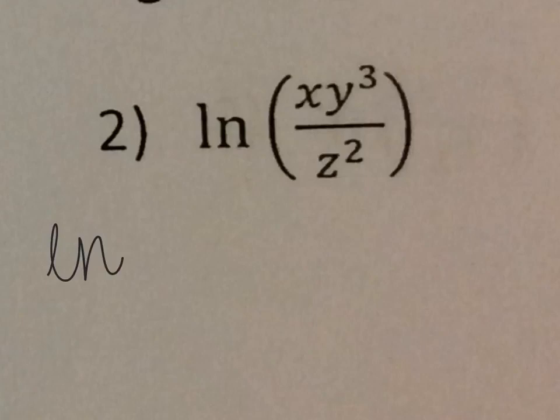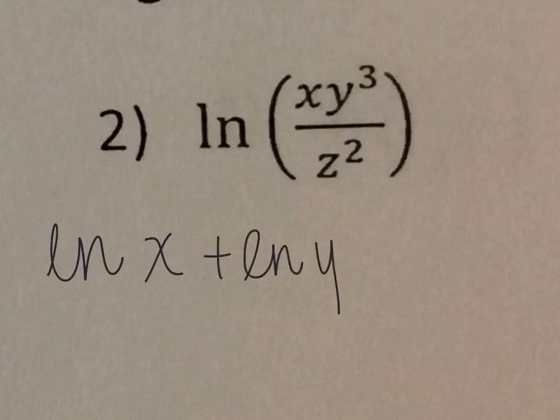Can I put that as 1 or do I need to put it as 2? It's however you want to write it. You can go ahead and expand it out as 2. I would. So ln of x, I'm going to write it as 2 because that's ultimately what we're going to do. And then what am I going to do with that y cubed? Add or subtract? Add ln of y cubed.